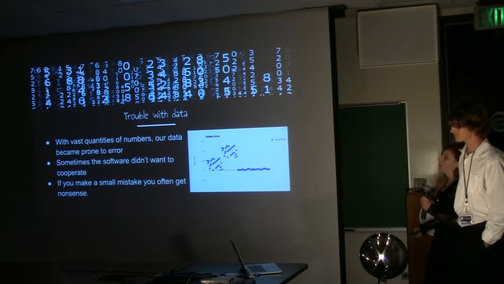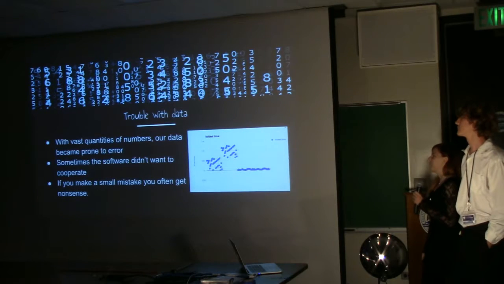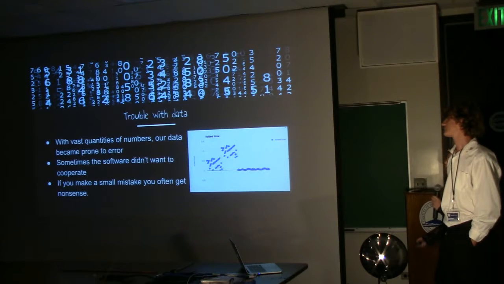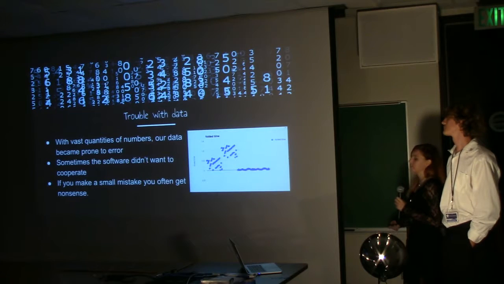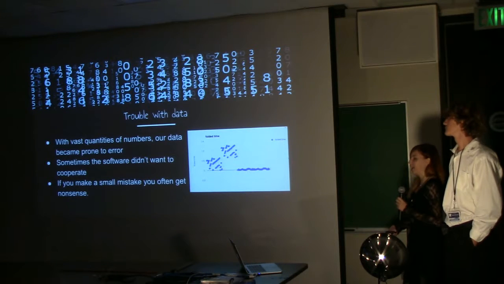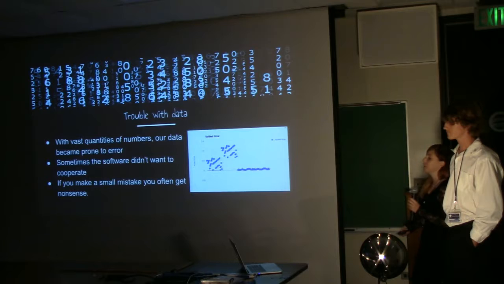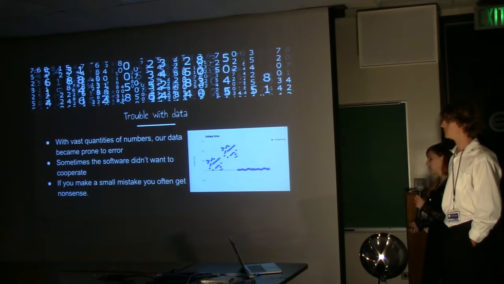So, as you know, there's always the trouble with the data. We were given vast quantities of numbers from Atlas, and it made us more prone to have errors. So, when we were creating the equations, a lot of things happened.